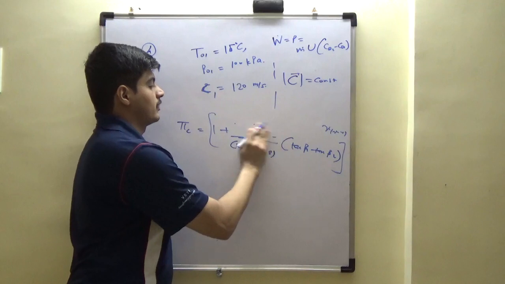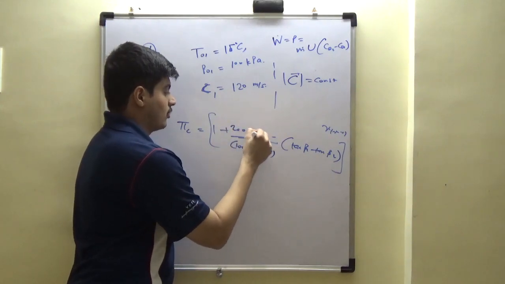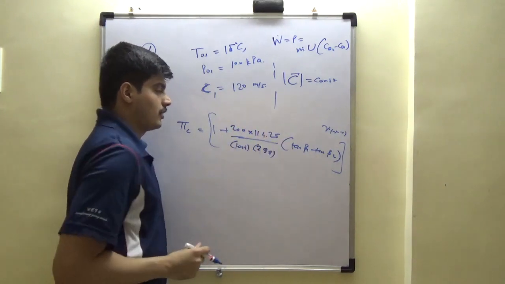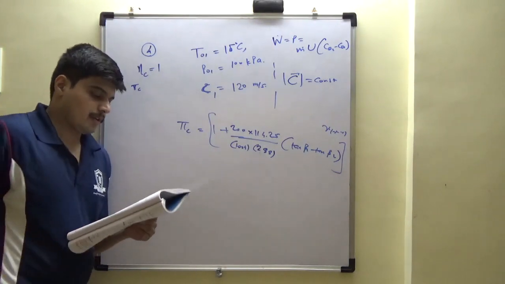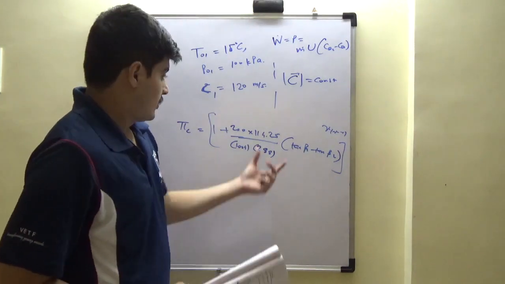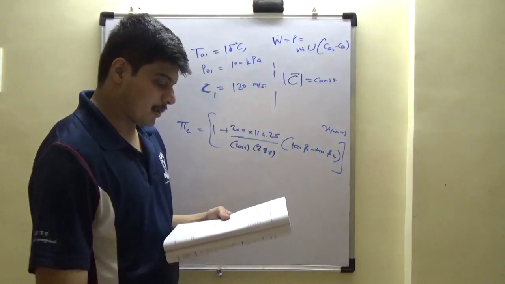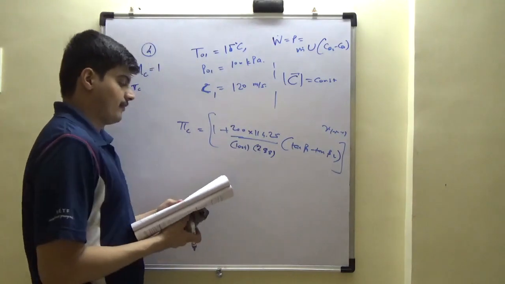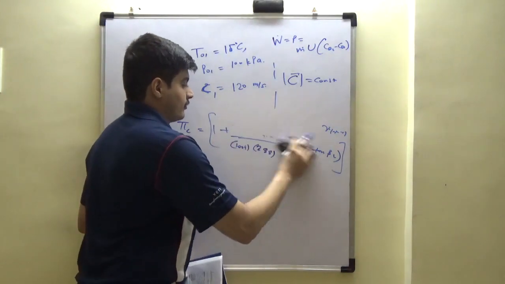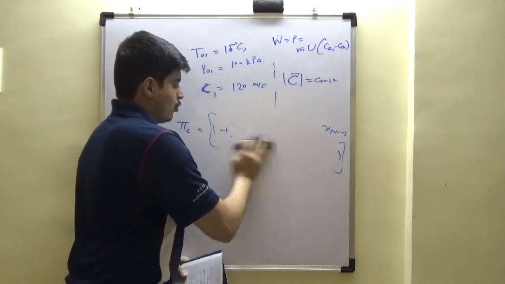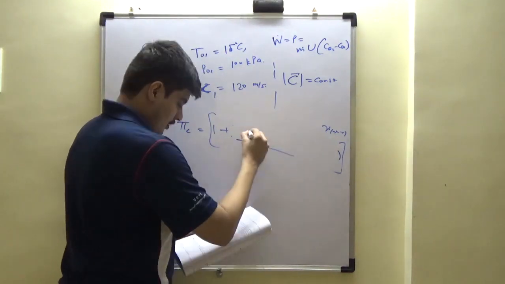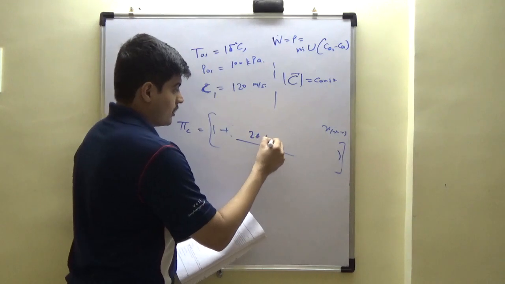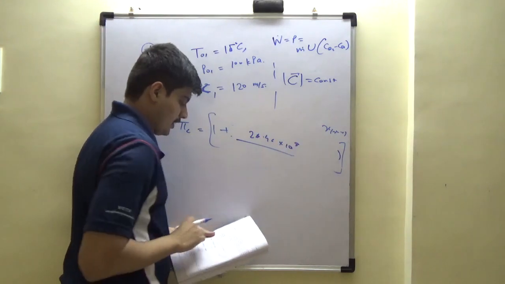This is 1, which means this is 200 into 114.25. We have already computed this number in terms of kilowatt. So the whole thing you have to do is substitute it here: 20.46 into 10 raised to 3.